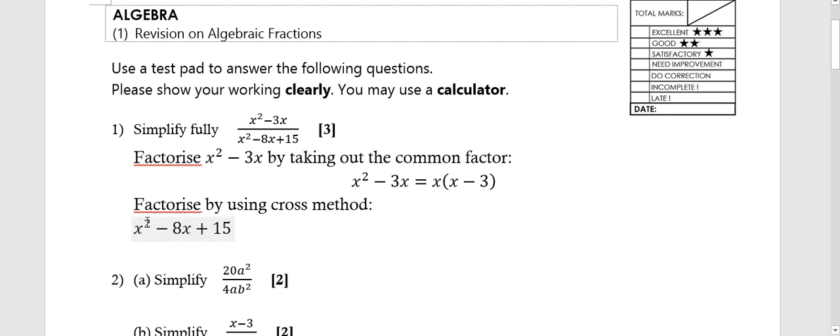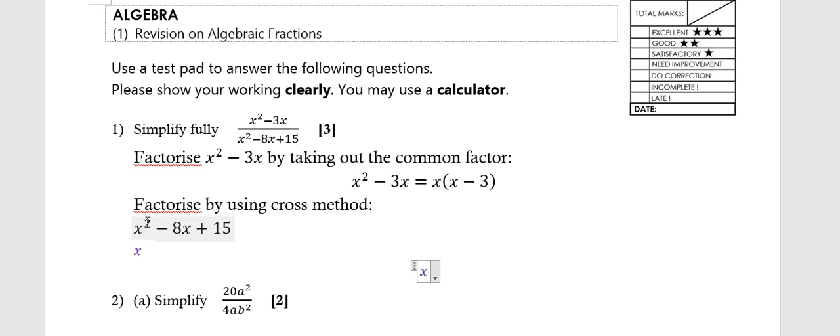What are the factors? It's x and another x.